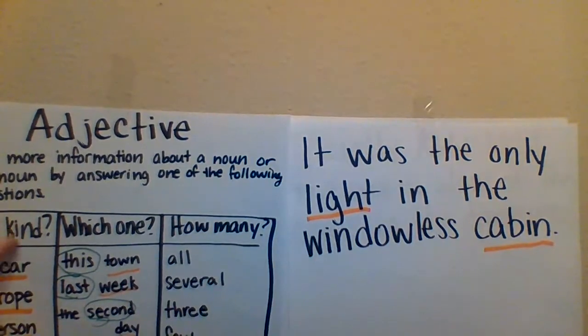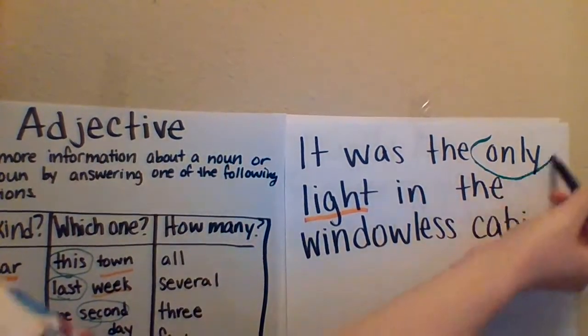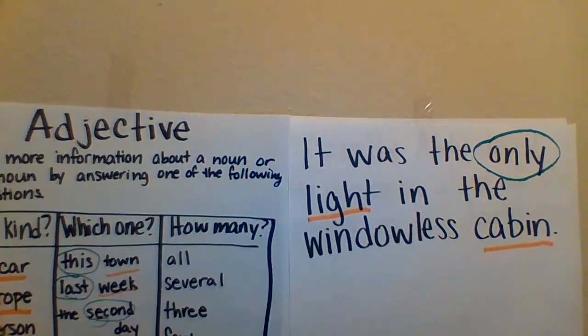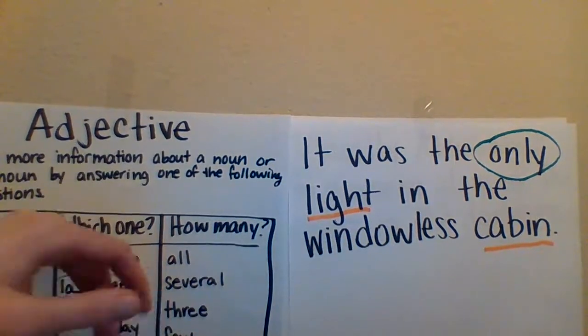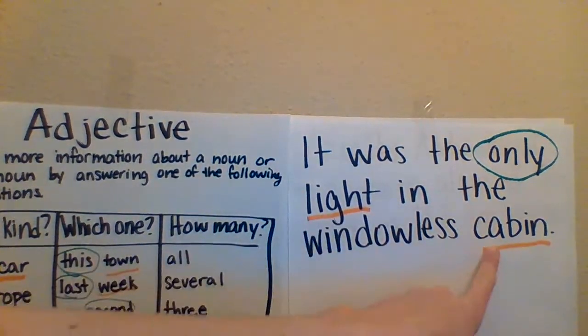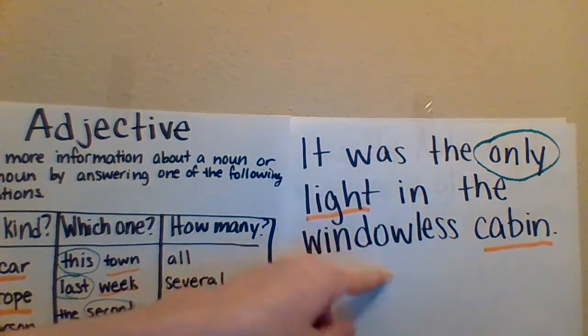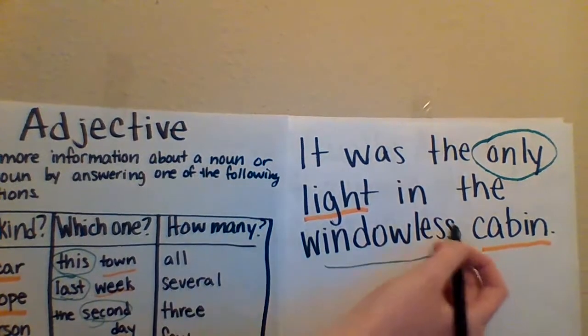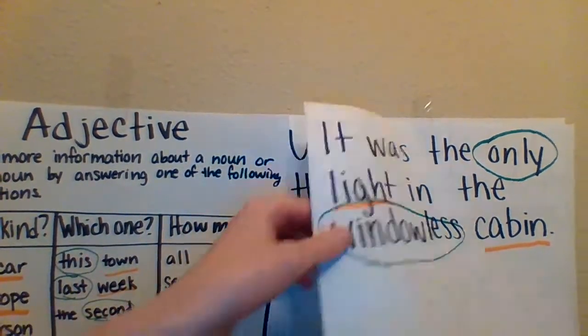See what describes what kind, which one, or how many. And I see only. It was the only light. That describes which one. Which light? The only light. And then the last word is cabin here. And if we were describing that cabin, they described it as windowless. So we have 2 adjectives in that sentence.